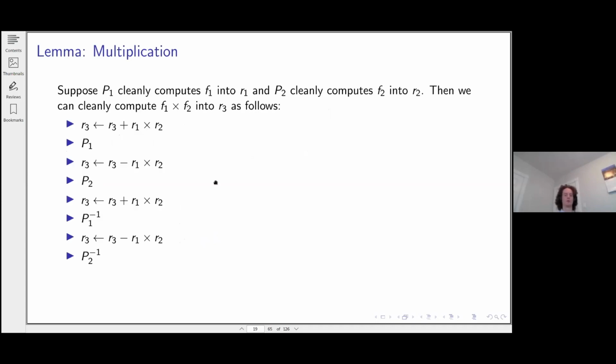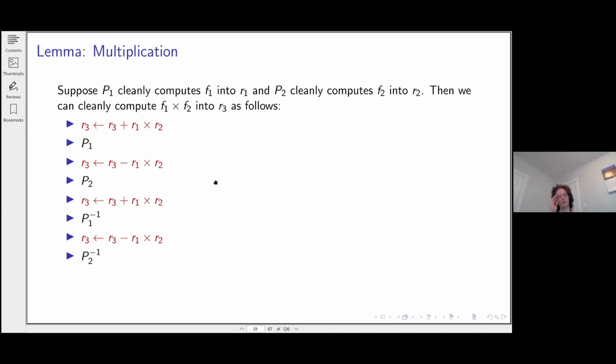And we do it with a program that looks like this. You can think of it as being made out of two interlocking parts. So the first part is that we're running the subroutines P1 and P2. So we run P1 forward, then we run P2 forward, and then since we are able to invert programs, we're able to then run P1 backward, and then we can run P2 backward.